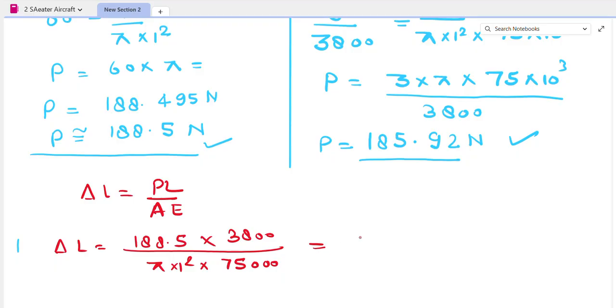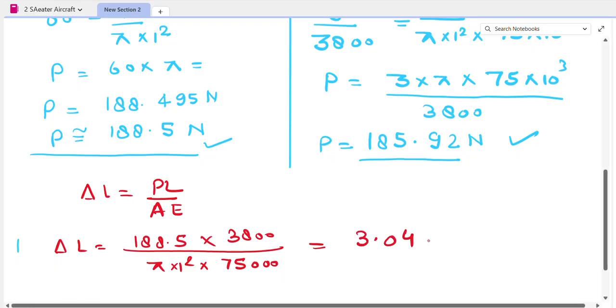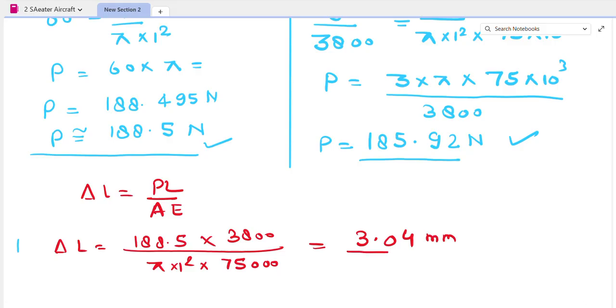The elongation is coming 3.04 millimeter, which is more than 3. So I will apply only 185.92 Newton. This is our P maximum we can apply for 3 millimeter elongation.